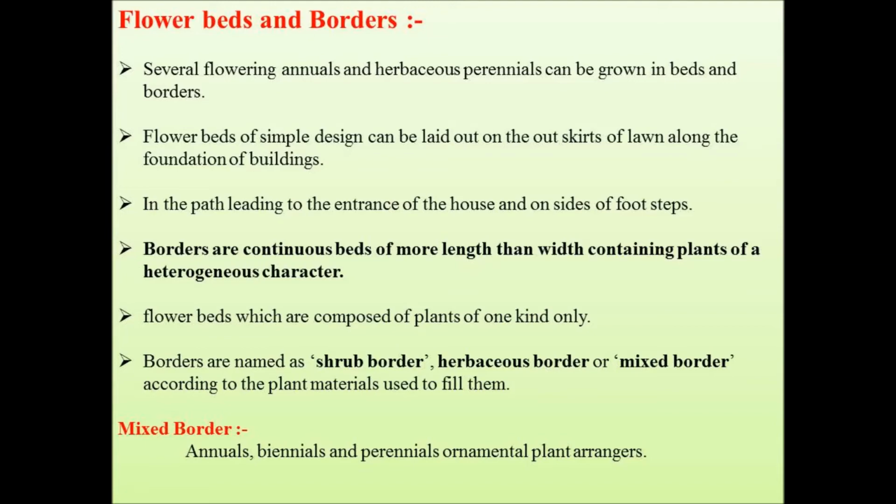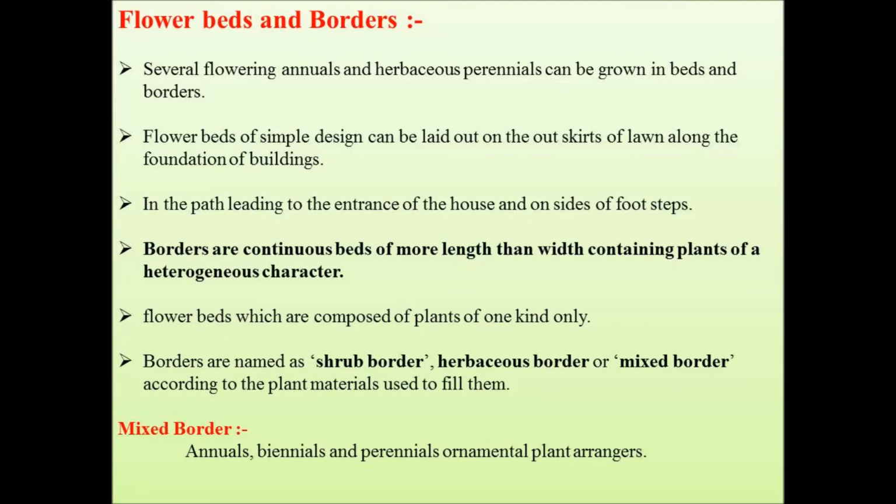Here, in flower beds, only one kind of plant we can use for making flower beds. But if you think about borders, it is a continuous bed, more length than width, containing plants of heterogeneous characters, that means varying in characters.